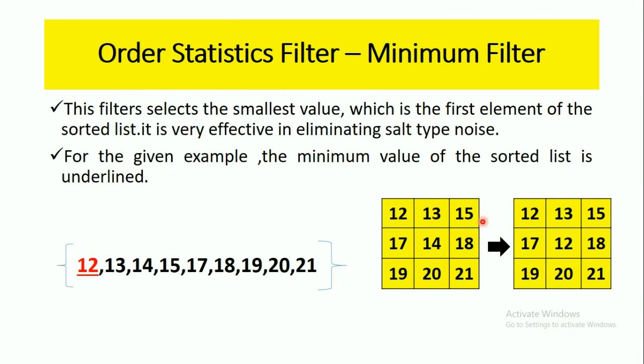Here the pixel values are sorted in ascending order and we choose the minimum value. That minimum value replaces the center pixel, which is 14. So here the 14 is replaced by 12. This is the minimum filter.